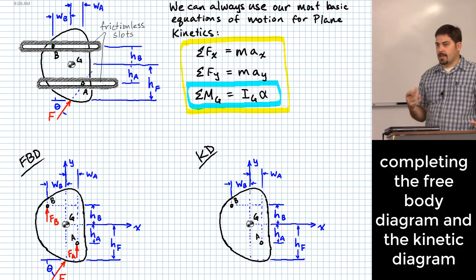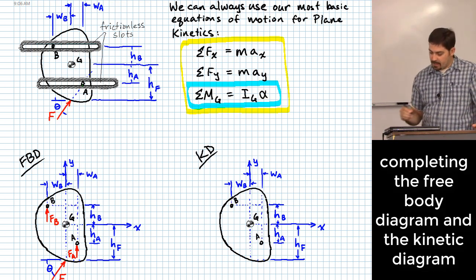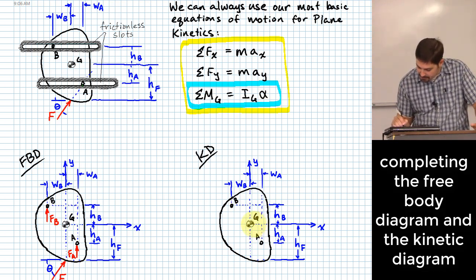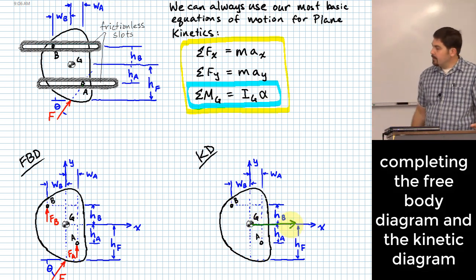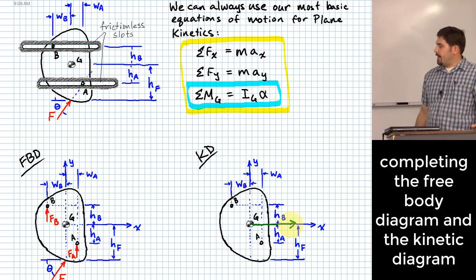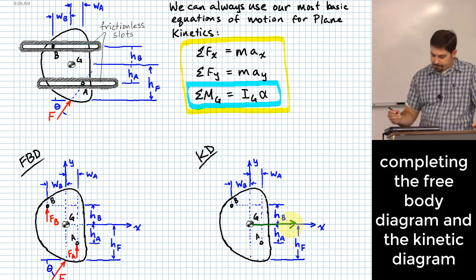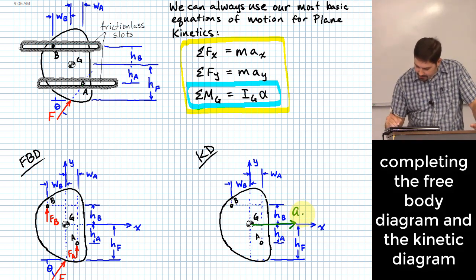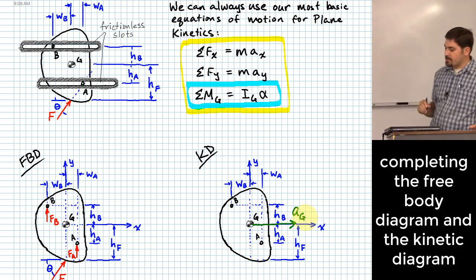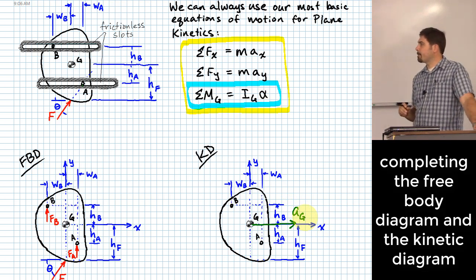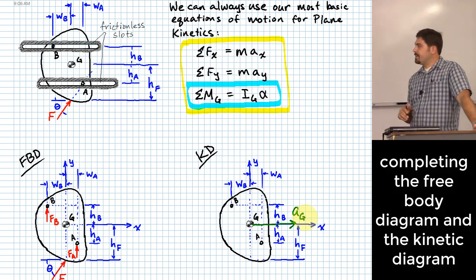So I need to account for the idea that it can accelerate, and if it accelerates, it will accelerate such that the center of gravity there moves or accelerates in the direction of the slots, okay? And so I may call that A sub g for the acceleration of the center of gravity.